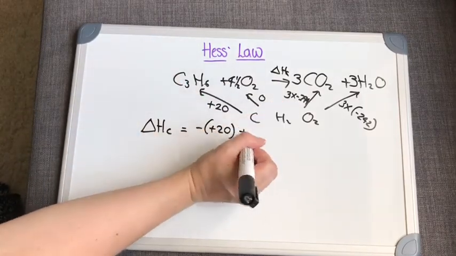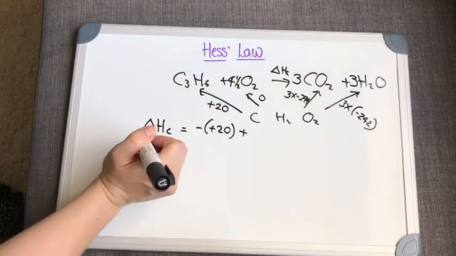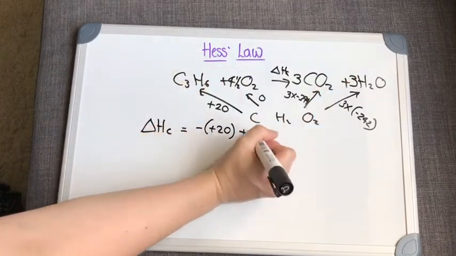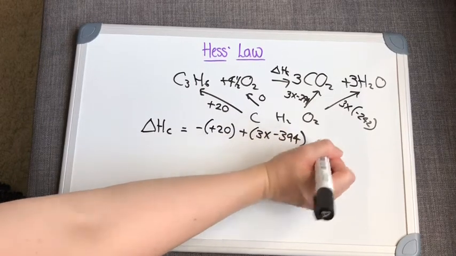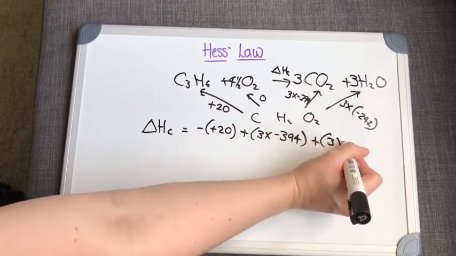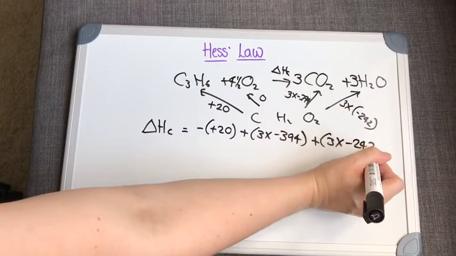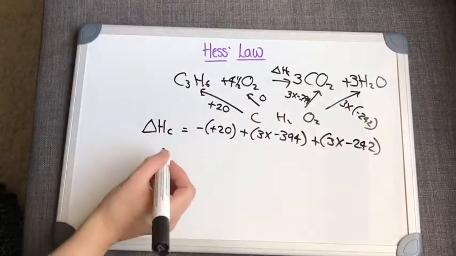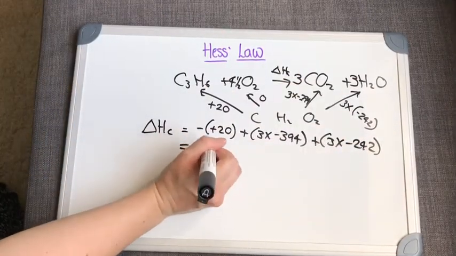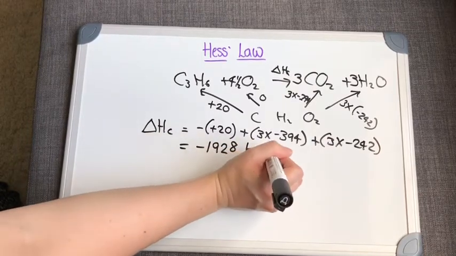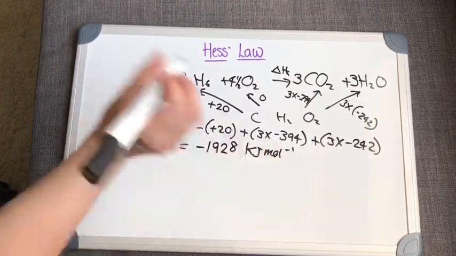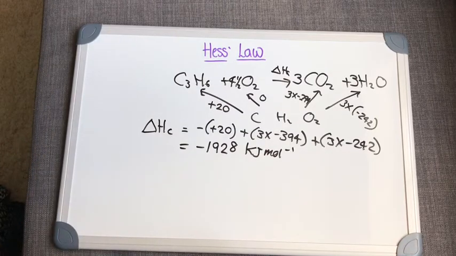Then I'm going the correct way along these 2 arrows to get back to these products over here, like so. When I put this in my calculator, it comes out as minus 1,928 kilojoules per mole, and that's my final answer.